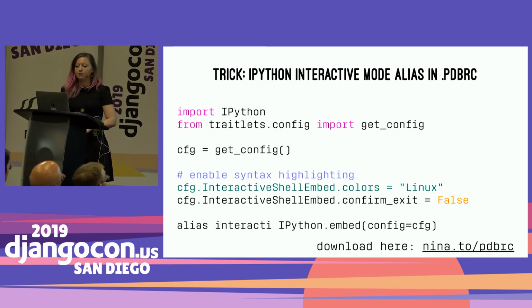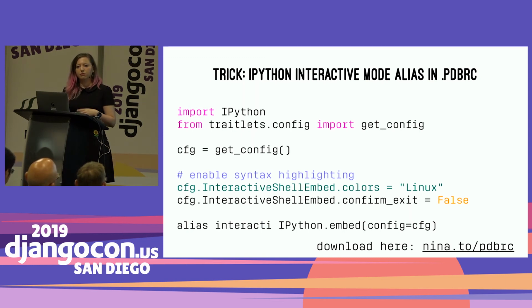Let's see if I have time for a demo at the end. But I showed you interact in the beginning. The interact command dropped me into a Python REPL where I have access to all the variables and all the state. You can make a .pdbrc file. It's a configuration file, and this specific configuration will allow you to add a new alias, a new command called interacti, that you can run to get an interactive IPython REPL in your debugger, which is really nice.